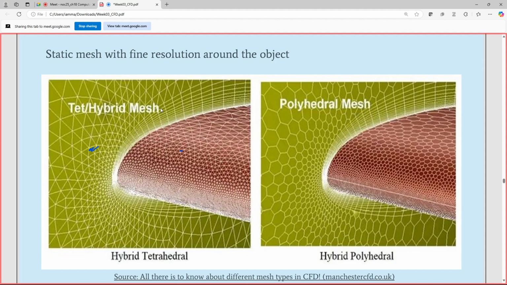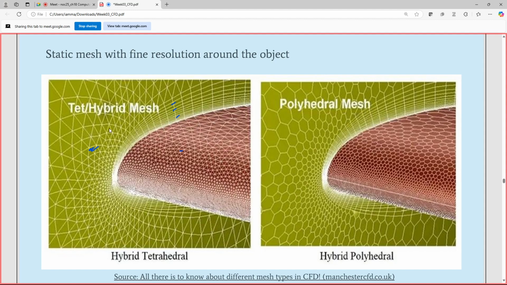So you can see there is a fine resolution in the grids compared to the fluid and solid region, where in the interface region there is a fine resolution. Such types of mesh are called hybrid meshes, where more than one type of meshing is there.